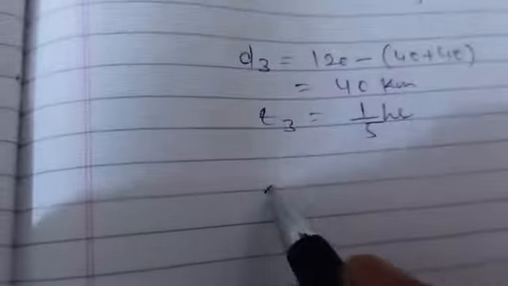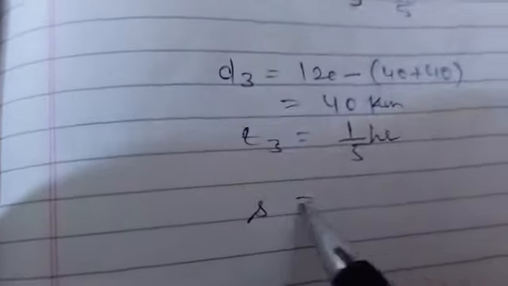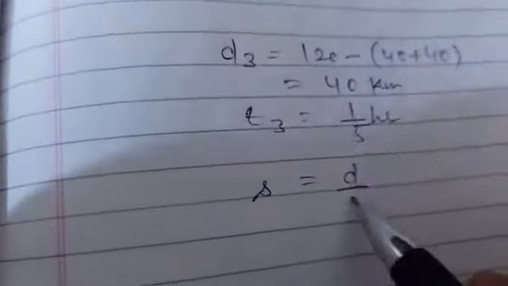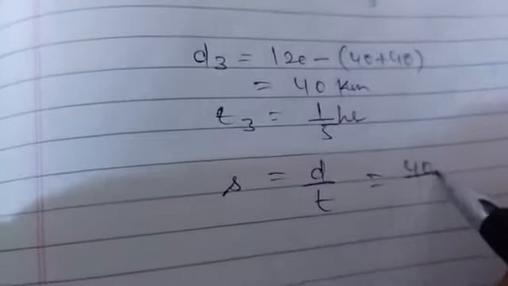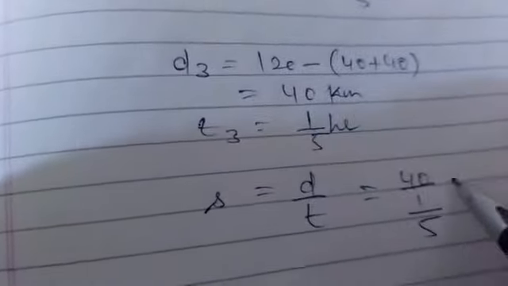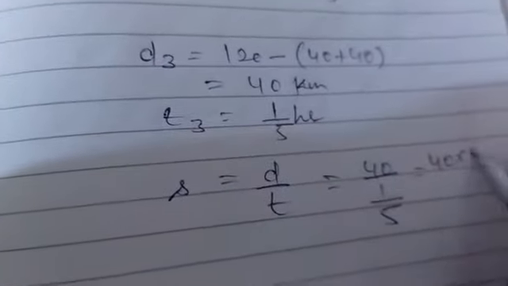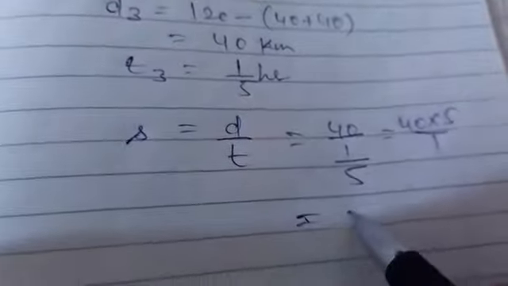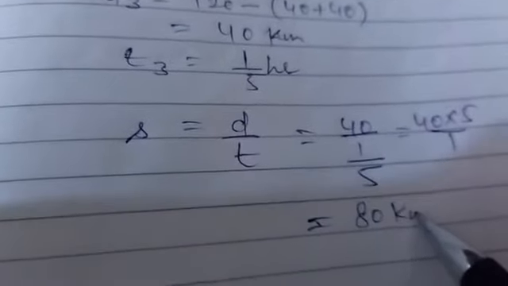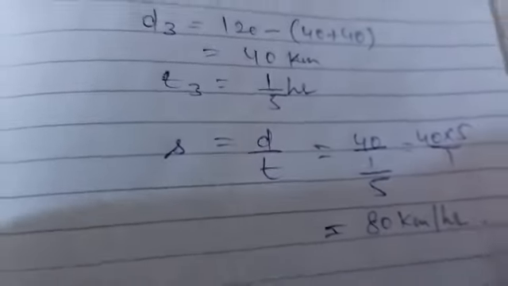Now if we want to calculate the speed, the formula of speed is distance upon time. Distance over here is 40 and time is 1 by 5, so it becomes 40 into 5 upon 1. That means the speed becomes 80 kilometers per hour.